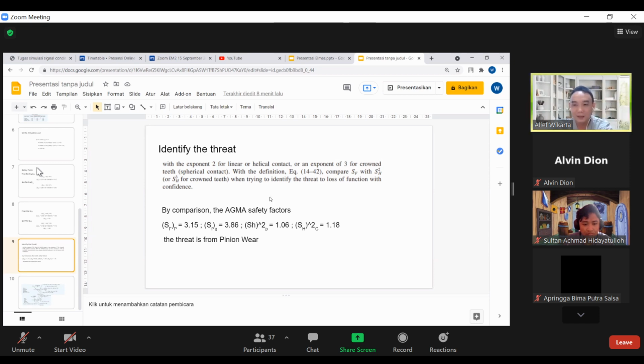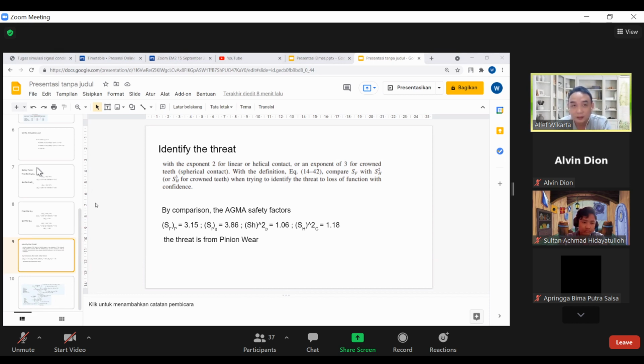My conclusions are coming from the value here. You see that the safety factor is lower because of where. It means it's lower than the safety factor from the bending.